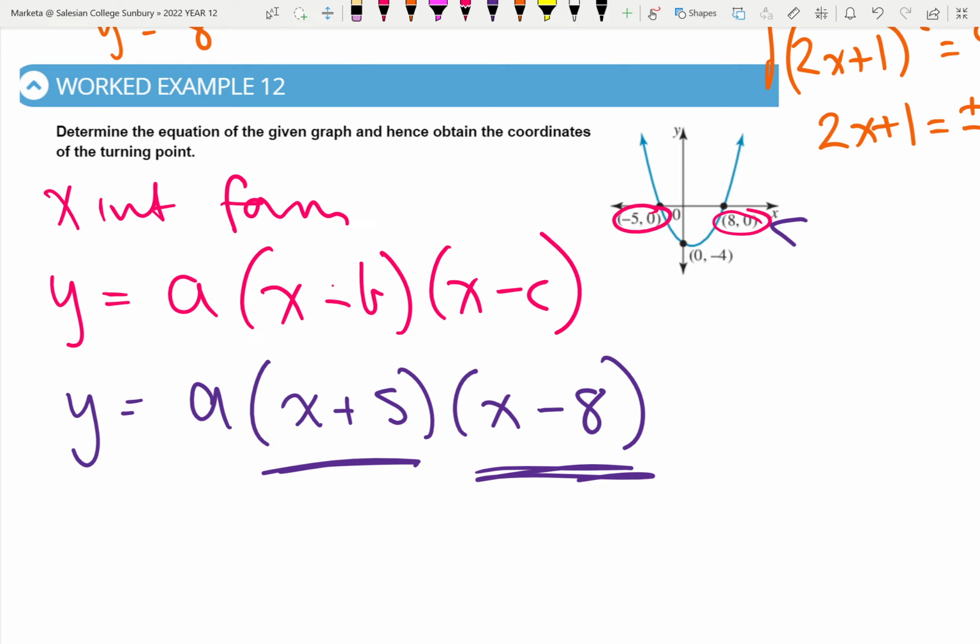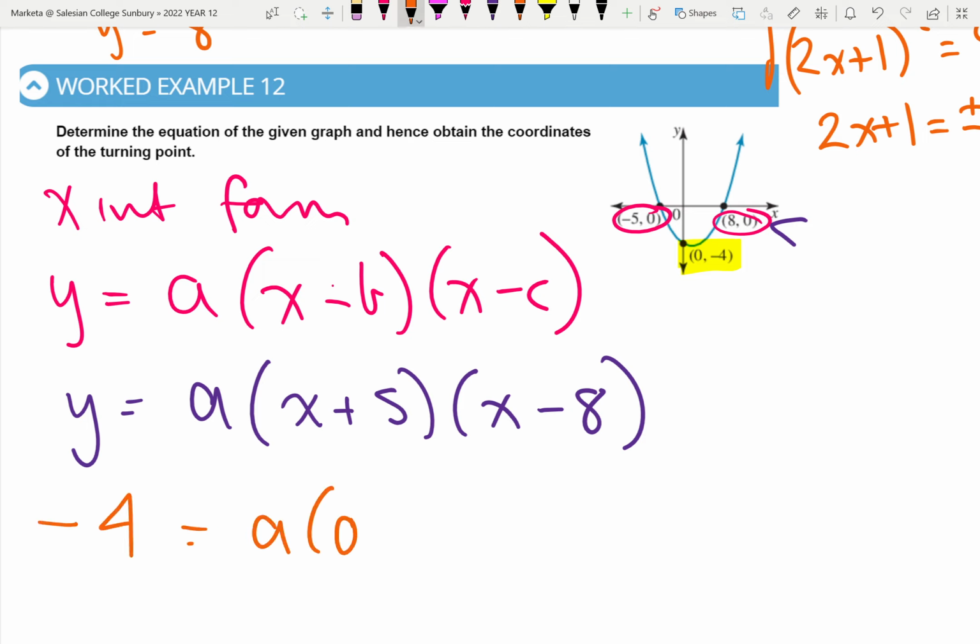So now that we've got that, the final thing to do is to sub in the other point. And this is important and I think obvious, because they're not just going to give you a random point for no reason. Sometimes they might, but on the very, very large majority of times, the information you're given, you need to use it all. So I'm just going to sub that point in. y is -4 and x is 0.